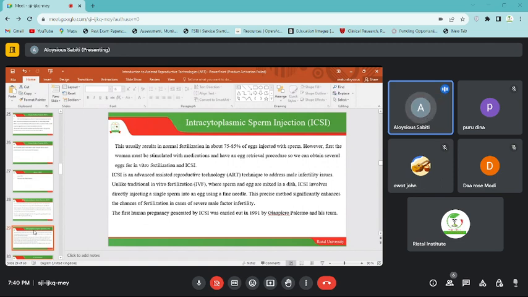However, first the woman must be stimulated with medications, as is the case for those other methods that we talked about. And ICSI is an advanced technique, this is just a repetition, trying to further describe what ICSI is.